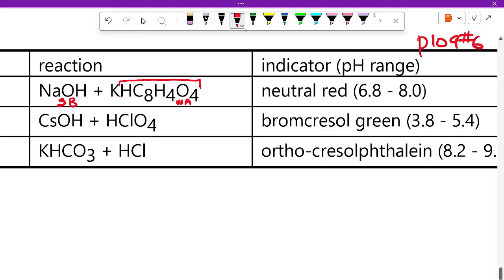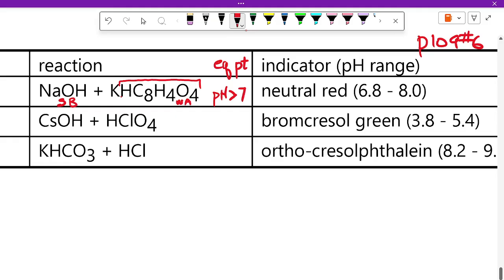I know there's a K there, but that's okay, right? If you've got a strong base and this is a titration, that can't be a base, so it has to be an acid. Strong base, weak acid. Will that equivalence point be greater than or less than 7? The pH will be greater than 7.